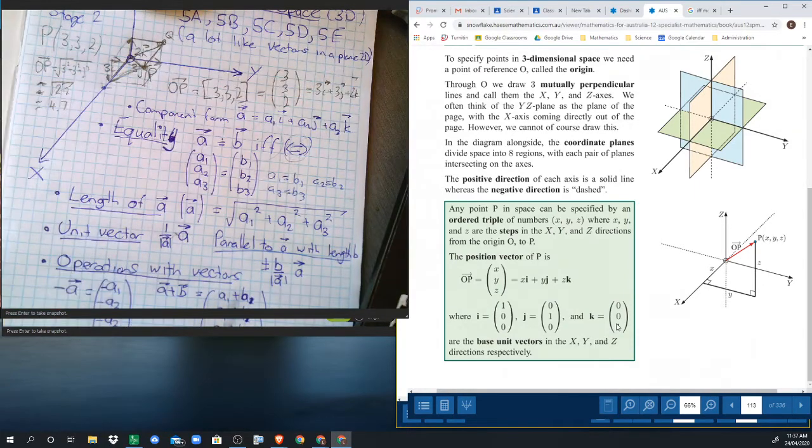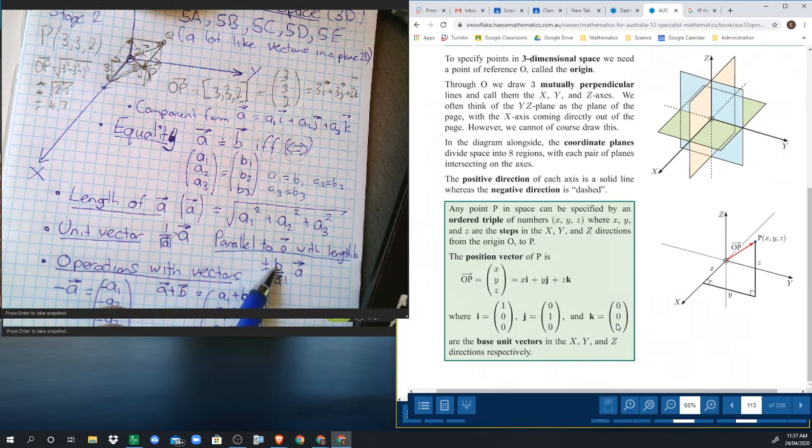If I wanted a vector parallel to A with length B, where B is a scalar in this case. Now, parallel could either go in the same direction, that would be the positive case, or in the opposite direction, which is sometimes referred to as anti-parallel. You won't see that in the book, but it's in other books.